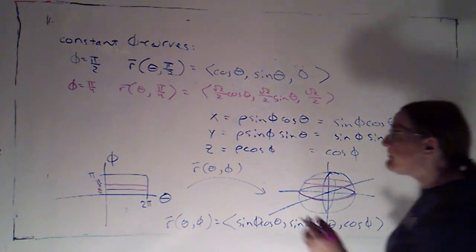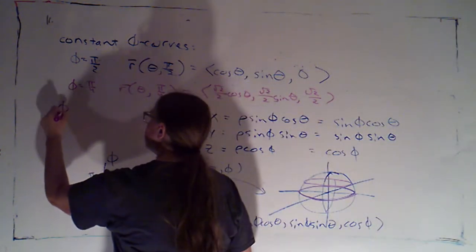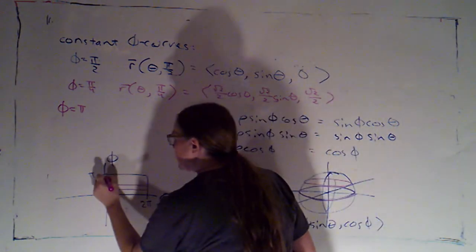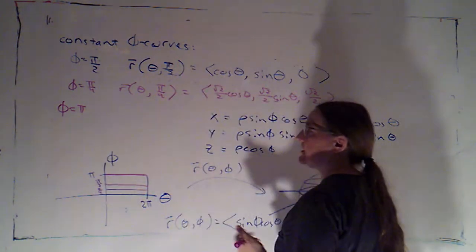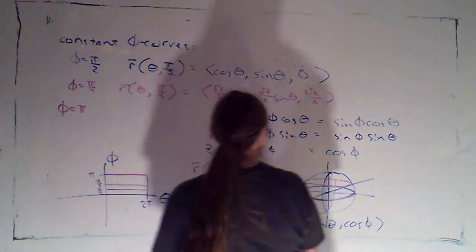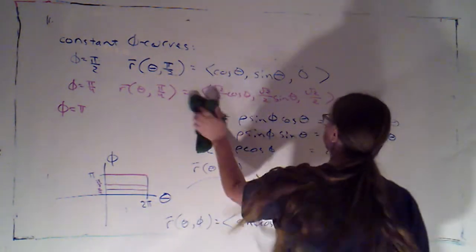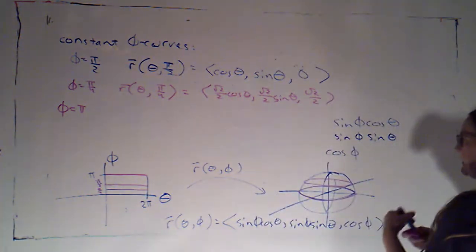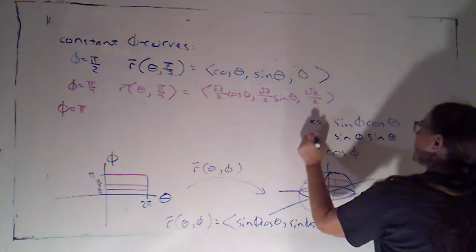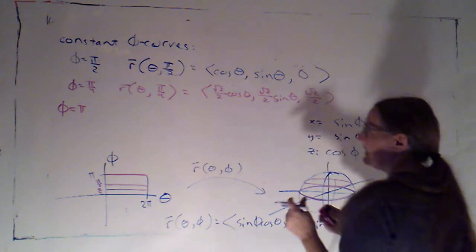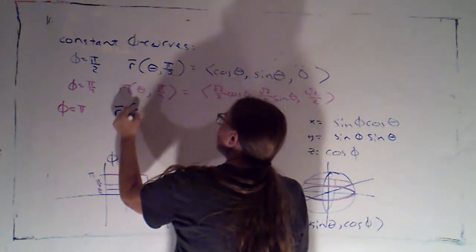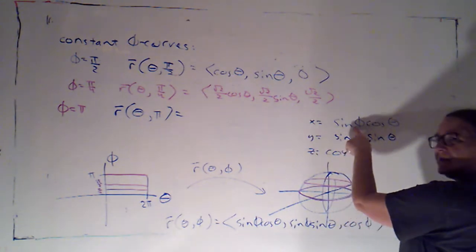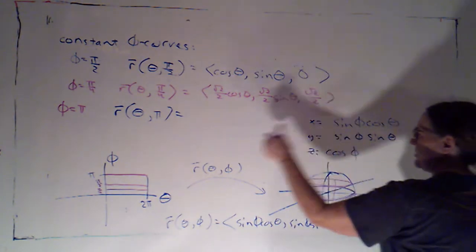Let's take a look at if phi is equal to pi. If phi is equal to pi, now we're looking at this right here. I can keep this up but make it take up less space. So I would get r of theta pi is equal to, well, sine of pi is 0.